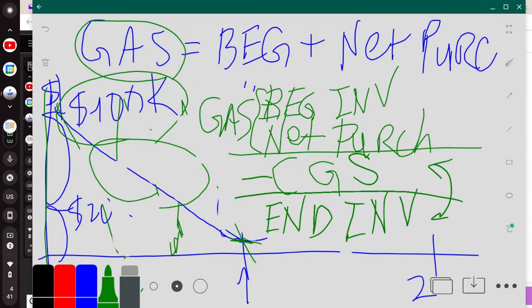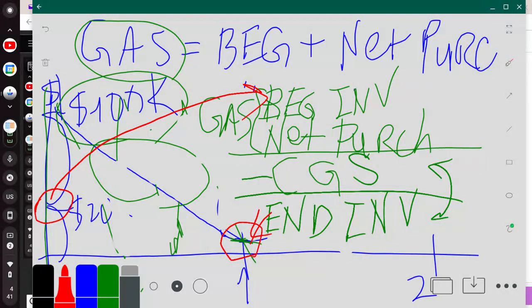Is it because the end inventory is still from the previous quarter? No. Okay. This is the ending inventory of this quarter. Of course, look, because ending inventory of the previous quarter is the beginning inventory of this quarter, right?